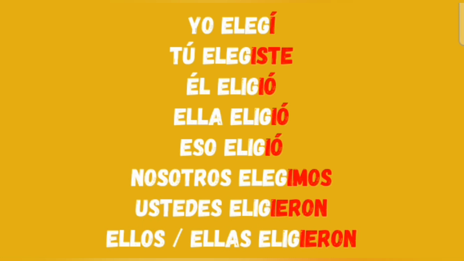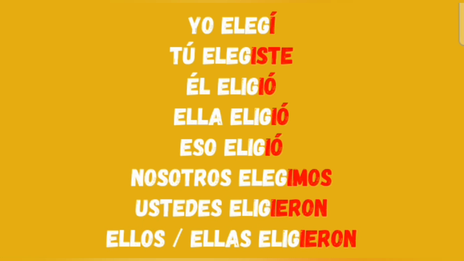Now, if you want to say we chose, then you have to say nosotros elegimos. Nosotros elegimos. Okay? As you can see, this has the same root word as the first and second personal pronoun, yo and tú.